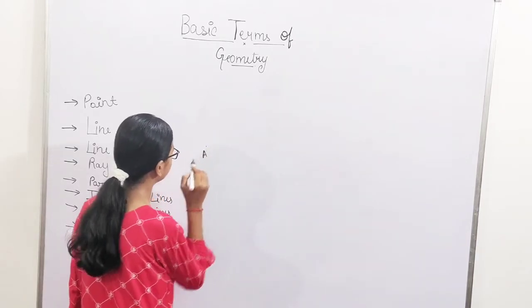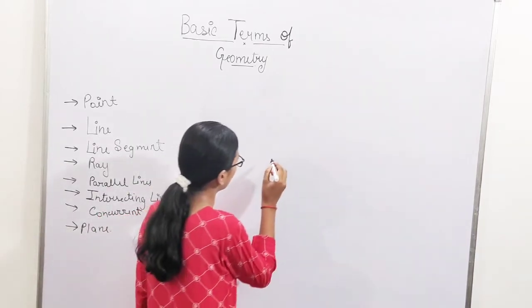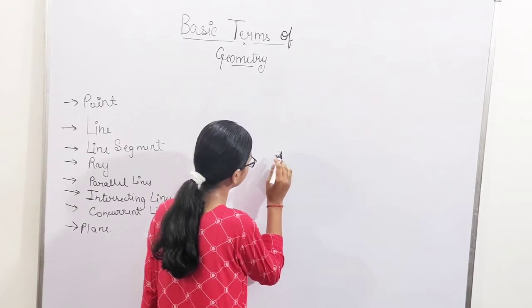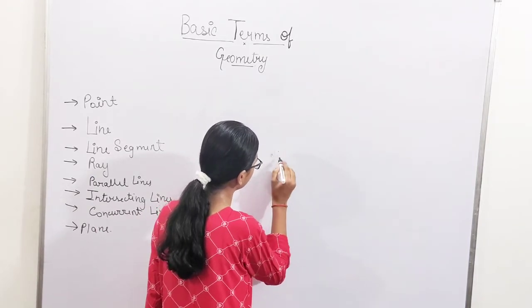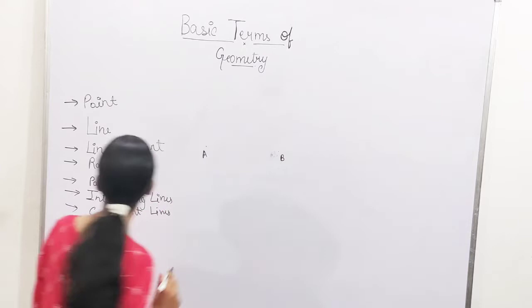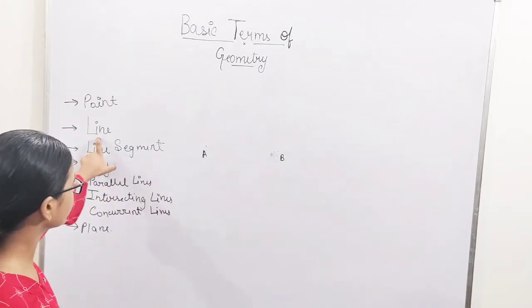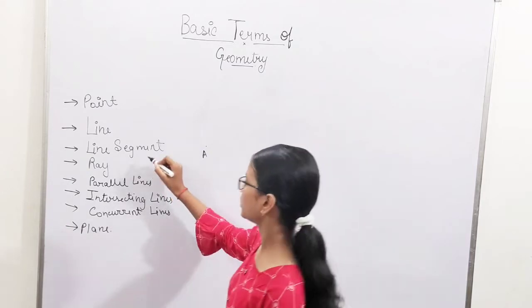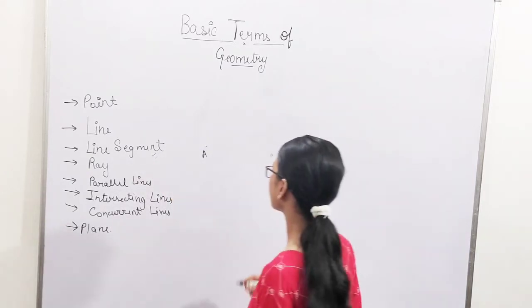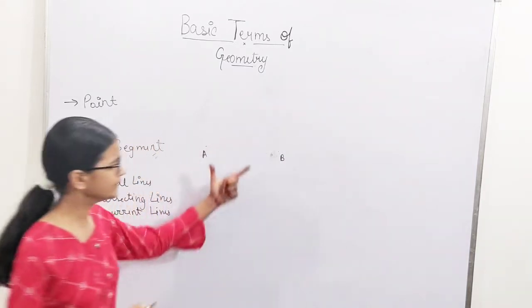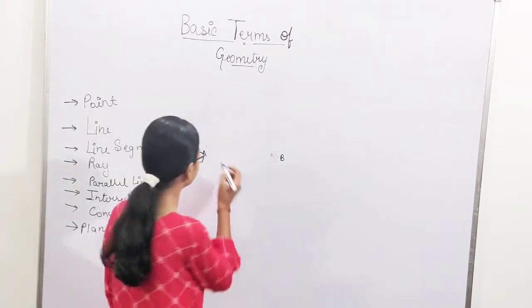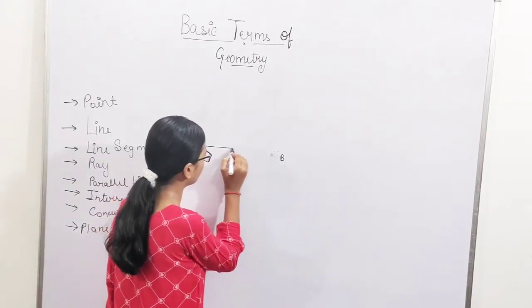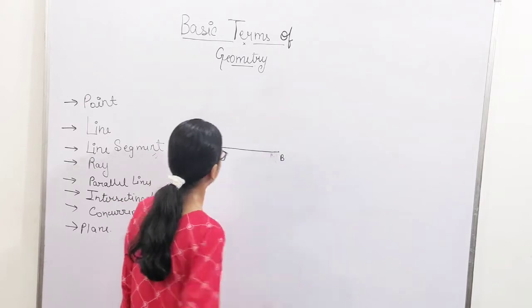This is point A, and let's mark one more point B. Right, point B. Now the next heading, you can see line or line segment. So firstly, let's take this one, that is line segment. Okay, so let me firstly join these 2 points. Let's see what happens. Yeah, we have joined it, right?